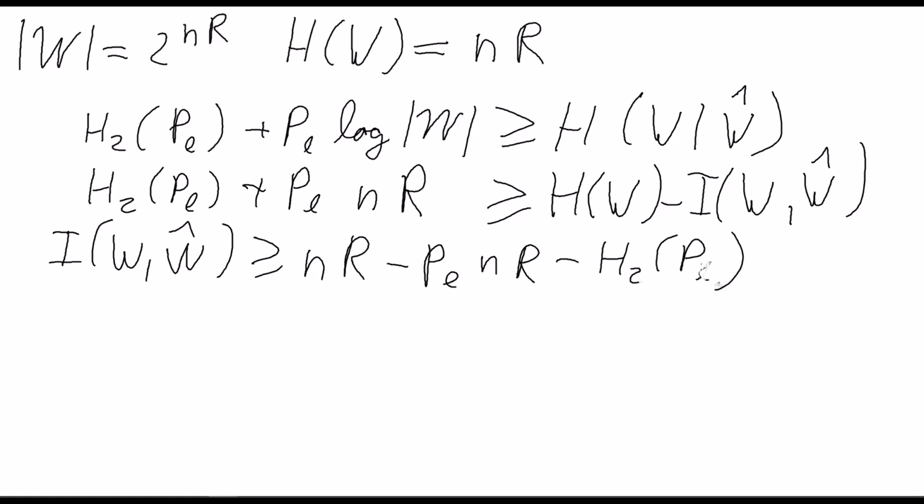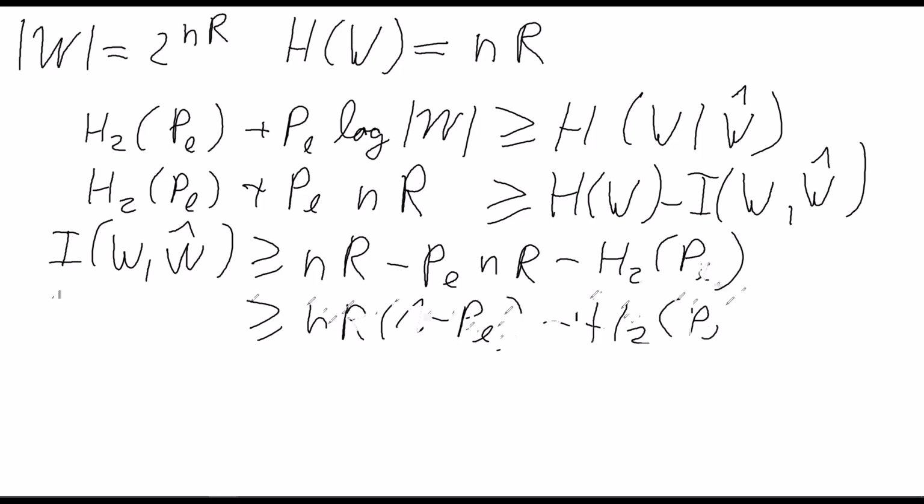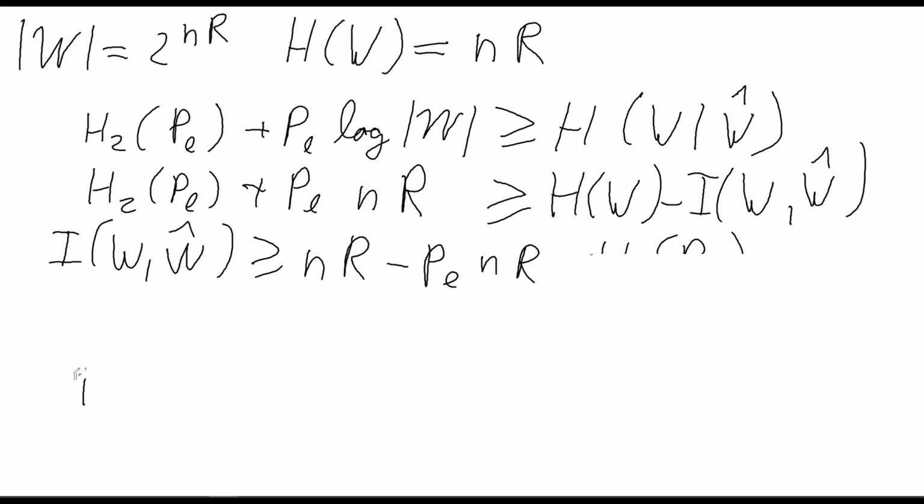We can write this as n times R times (1 minus P_E) minus h_2(P_E), where P_E denotes the error probability, and we know that P_E goes to 0. Therefore the mutual information of W and W hat is greater or equal than n times R.